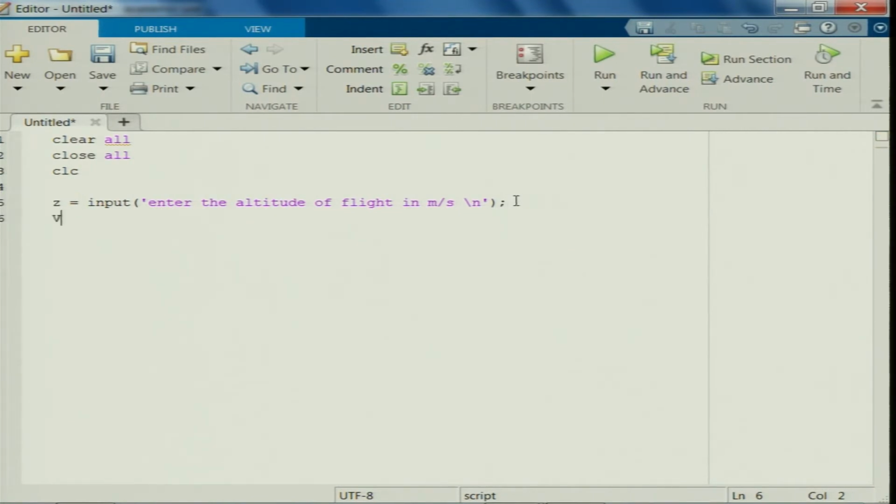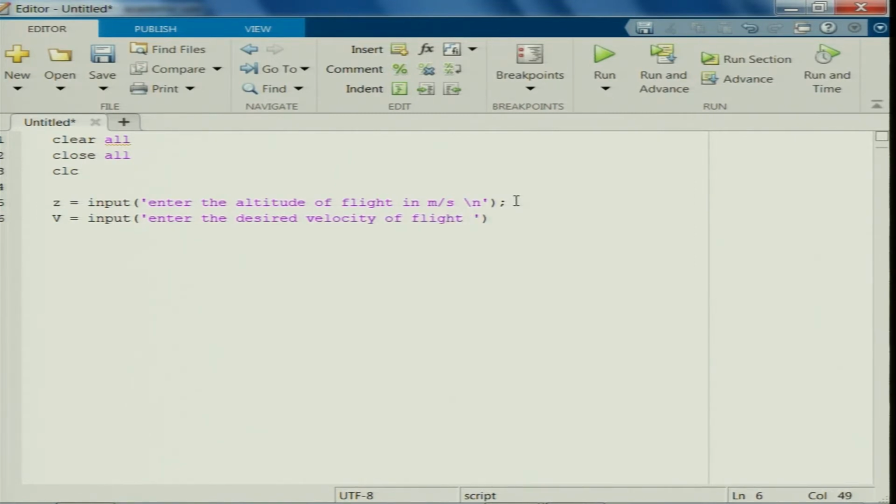And then V: enter the cruise velocity or design velocity, the desired velocity of flight from the mission requirements.